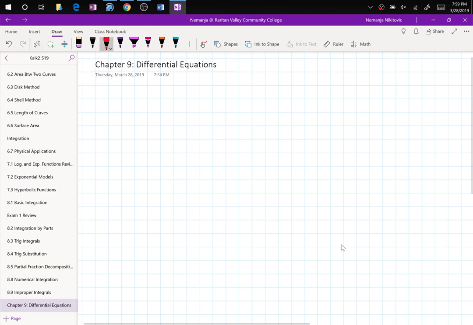So what are differential equations? Differential equations are equations which contain functions and its derivatives. So, definition.